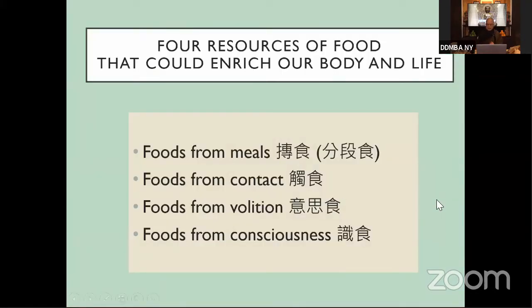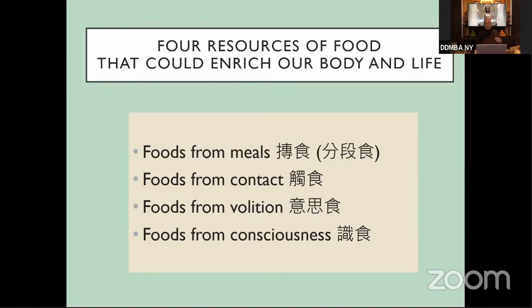The other thing I would like to talk about is similar to the previous 4 factors, but it's very important for us to know that there are 4 resources of food that can enrich our body and life.